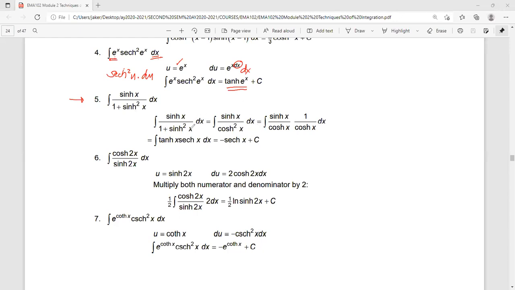What is important is you have already simplified this to this form because of the identity. If you split the hyperbolic cosine of x into 2, one goes with the x, this one is hyperbolic tangent of x, and this one is hyperbolic secant of x. And we know that this has a direct integral, and that is the negative of the hyperbolic secant of x. It's based on the 6 formulas that were shown to you a while ago.